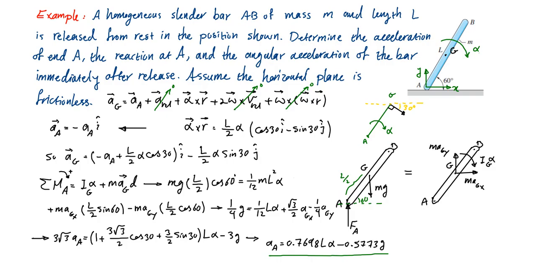Now, let's find the forces in x direction. In x direction, well, we have nothing in free body diagram. We only have this component in x direction, which means that this component is 0. Right? Since there's nothing on the left to be equal to this, it gives us just 0. Summation of forces in x direction is equal to m a_Gx.